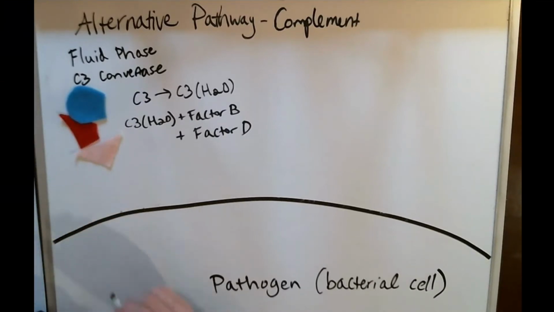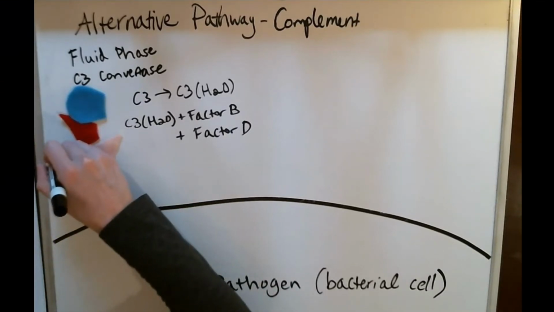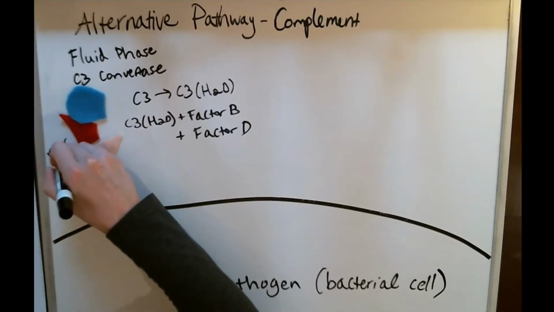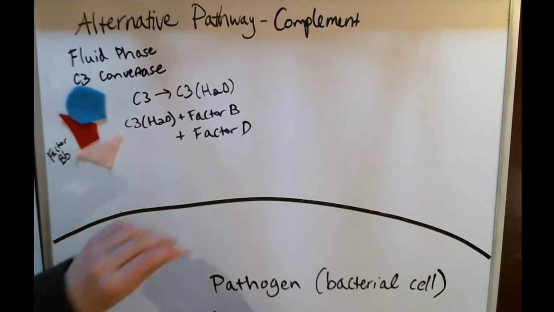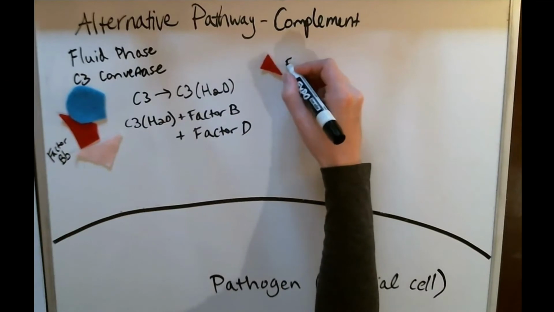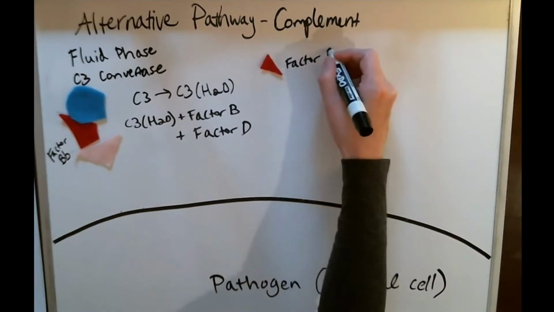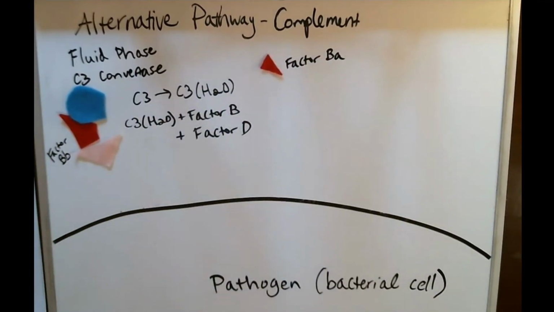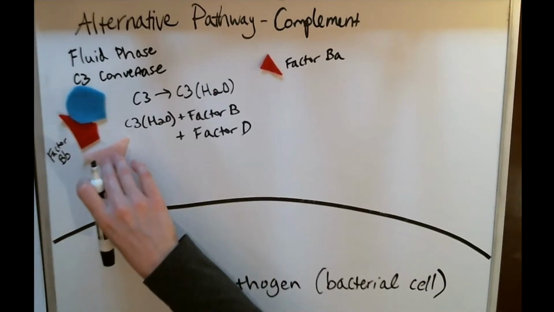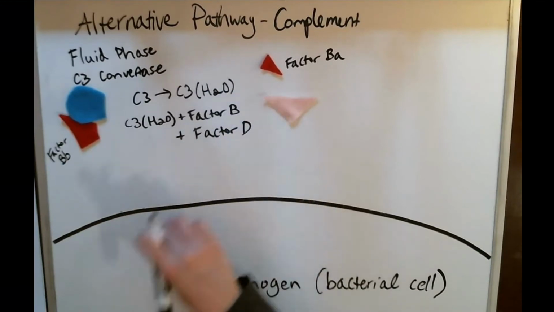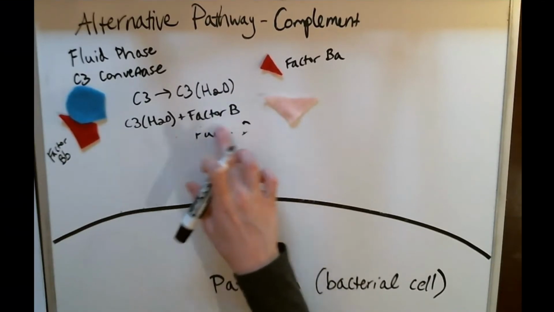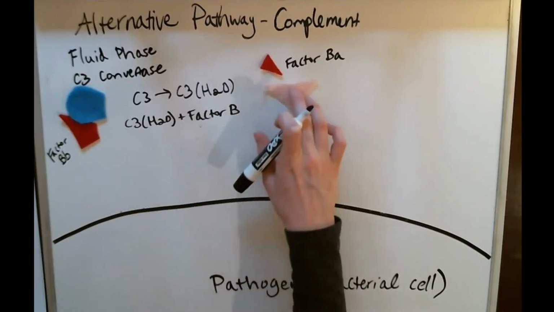We'll have factor Bb, or capital B little b, and then we'll have factor Ba, which I'll just put over here because it's not really used in this pathway. So we're left with this complex. D actually dissociates, so we'll erase that. Just put that off to the side.